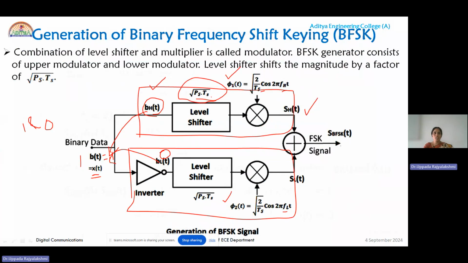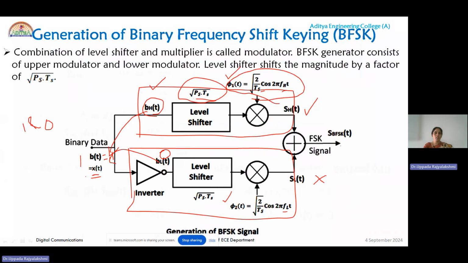So BH of t is multiplied by root PSTS, and it is multiplied by the 1-bit energy carrier due to higher frequency. So you will get SH of t, which is equal to BH of t multiplied by root PSTS multiplied by phi 1 of t. At that time, there is no output from SL of t.